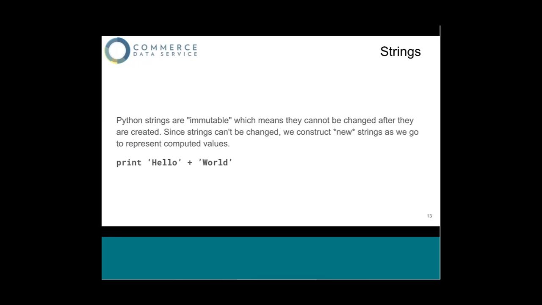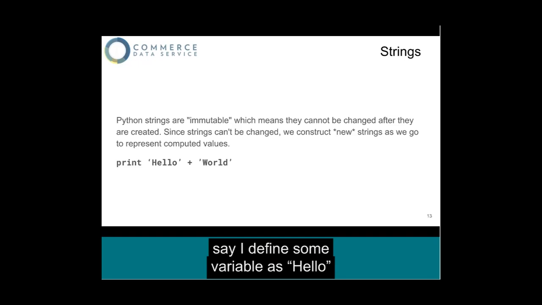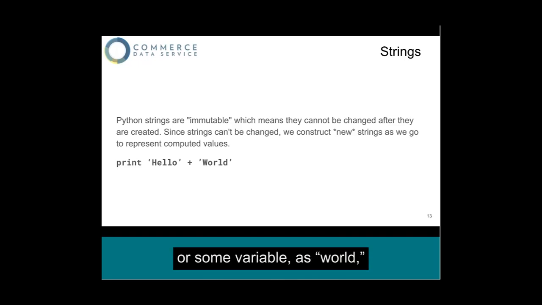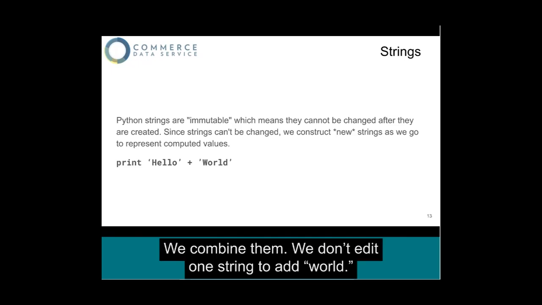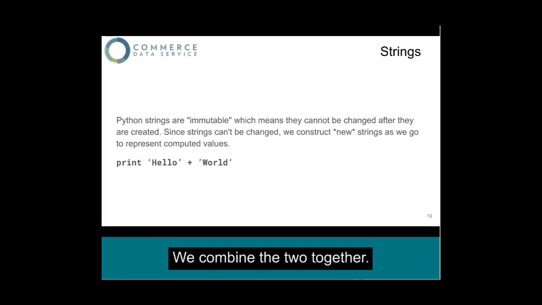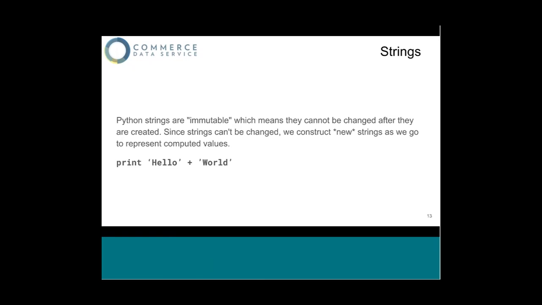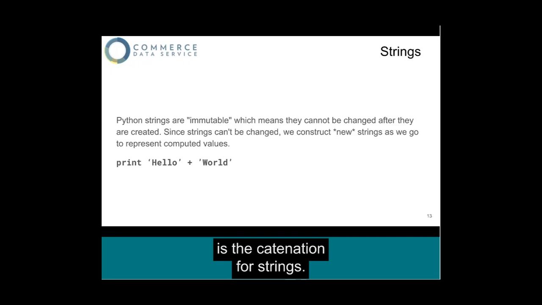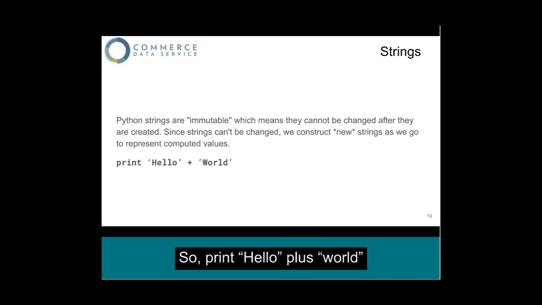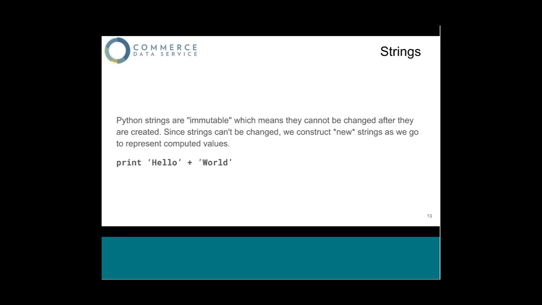Say I define some variable as hello and some variable as world, and I want to print both together. We combine them. We don't edit one string to add world. We combine the two together. The plus is the concatenation for strings. So print hello plus world gets you hello world with no spaces.